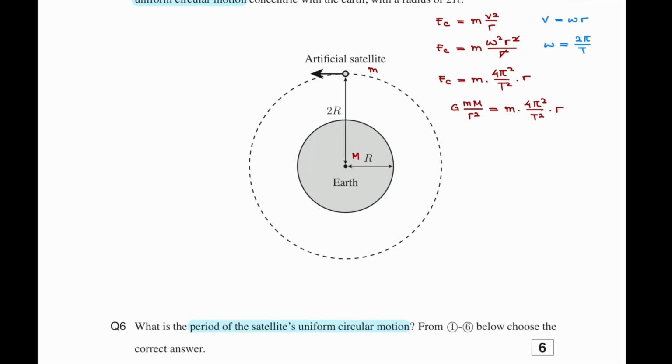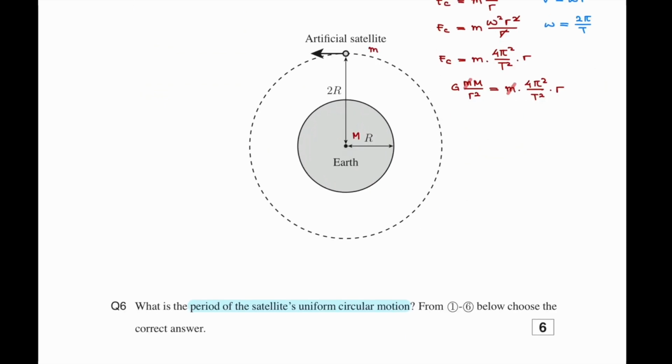By simplifying this equation, I will cancel out m here, and then I will cross multiply first. I will cross multiply T square to the left hand side, and I will get G M T square equals 4 pi square r cube.